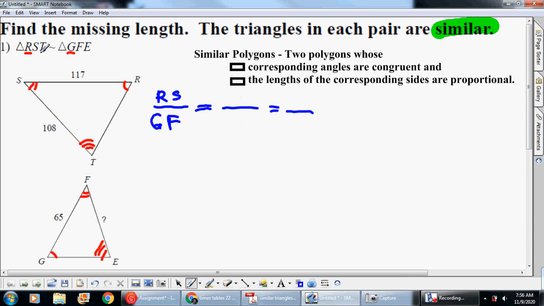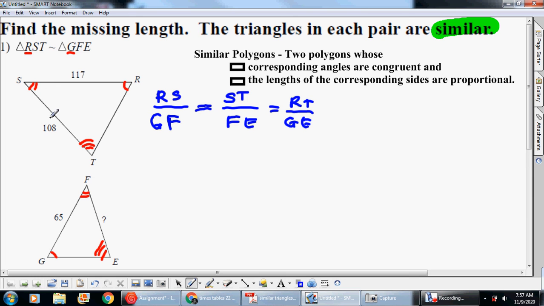Now the second two letters from the first triangle correspond to the second two letters of the second triangle, FE. Now the first and last letter, RT, correspond to the first and last letters, GE.